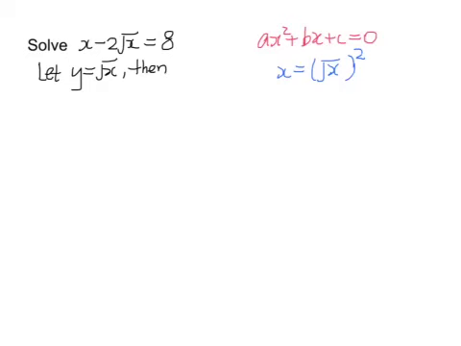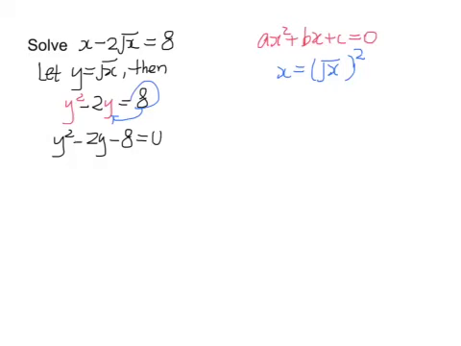Then we have, now this part becomes y squared, right? So this is a y squared minus 2 times, now this is not square root of x anymore, this is y, equals 8. Now if I move this 8 to the other side, we end up with y squared minus 2y minus 8 equals 0.